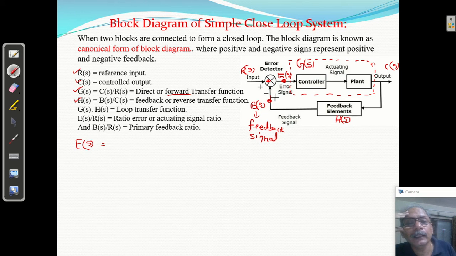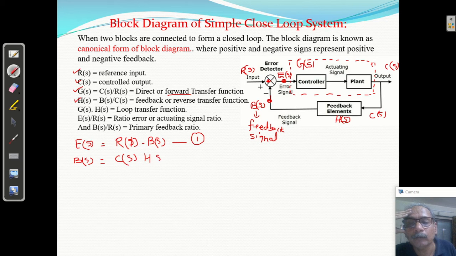So the error signal E of S equals R of S minus B of S. Now here B of S equals C of S into H of S. See here, the output is C of S, so B of S equals C of S into H of S. That is equation number 2.